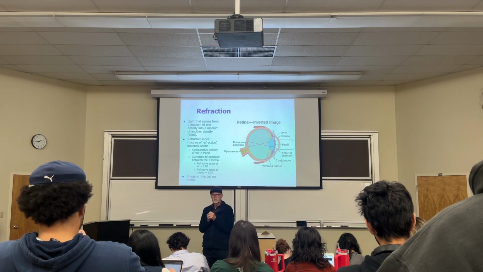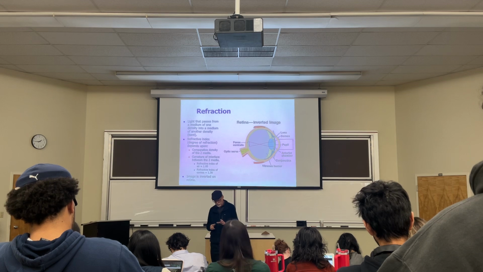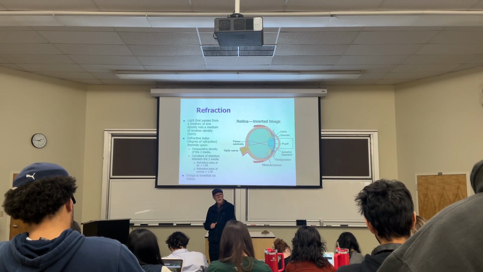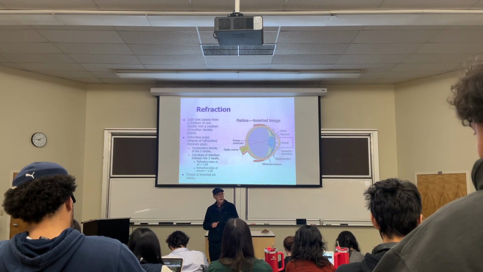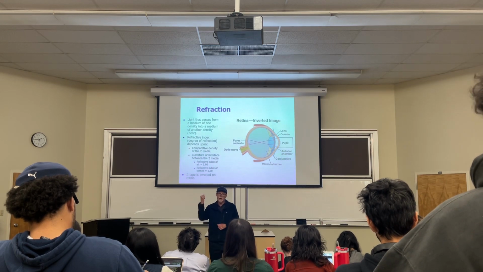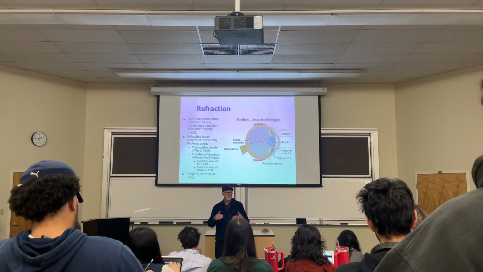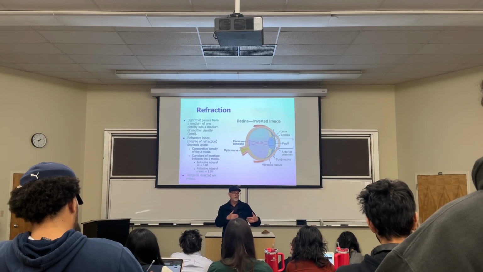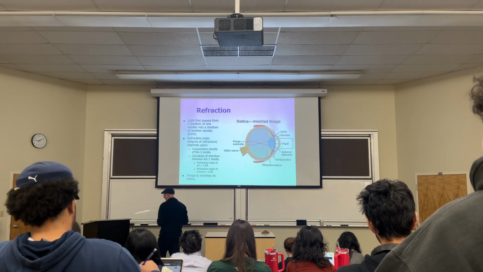We're quite familiar with this because when we look into a pond with fish, we know by experience pretty quickly that the fish isn't actually where he appears to be, correct? If you try to stab him and you don't account for that refraction, you're going to miss and you won't get your dinner. The fish is not quite where he looks like because of the bending of the light, the refraction.